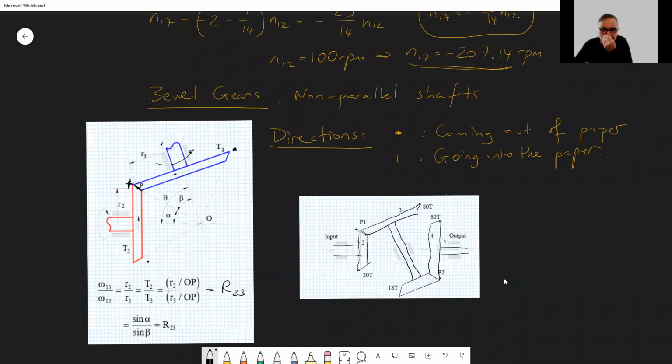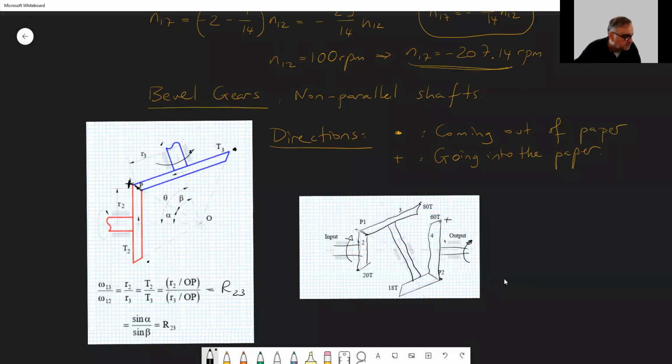So this is the output shaft. So input shaft is like this. So this goes into the paper, this comes out, this goes in, this comes out, therefore this goes in. This goes in means that the output is in this direction, whatever that direction is. So it is the same direction. And the theta, this is 20, 80, this is 18, this is 60.